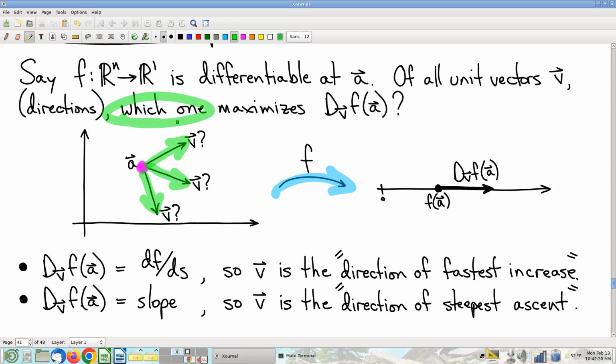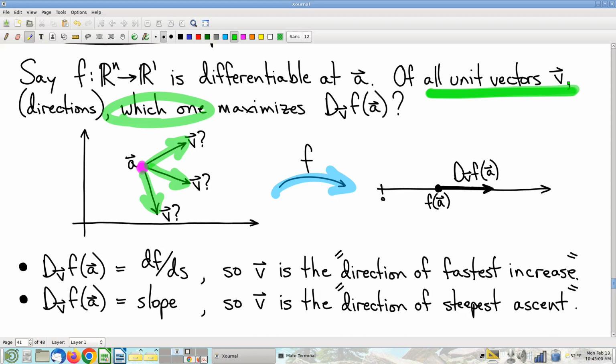Now, I emphasize we are restricting the question to unit vectors because I want to exclusively entertain the question about which direction I should go, as opposed to the next question of with what velocity, with what speed I should go in that direction. Run as fast as you can. Of course, that's a given. I'm going to run as fast as I can, or as fast as the social circumstances allow.